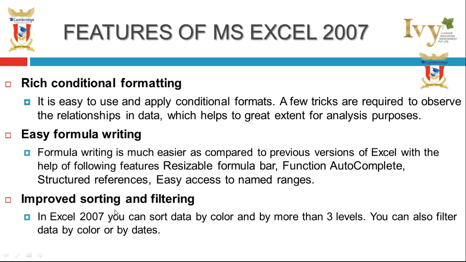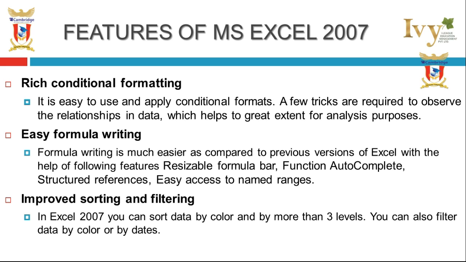Then next we have improved sorting and filtering. Sorting means arranging the data in ascending or descending order, and filtering means fetching the required records from the raw data. In Excel 2007, you can sort data by color and by more than 3 levels. You can also filter data by color or by dates. So this is another new feature of Excel 2007, that we can sort or filter the data by color.